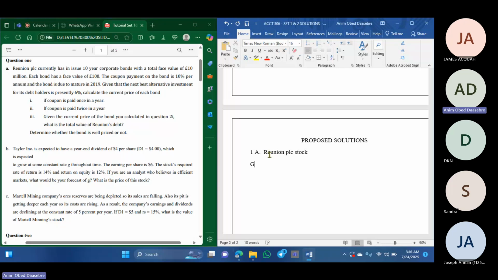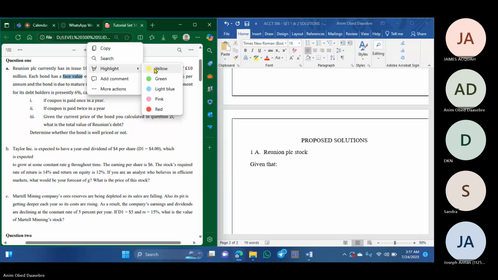And we are given, so let's list the available information from question 1A. From the question, what are the things that we can see in part 1A? We can see face value.